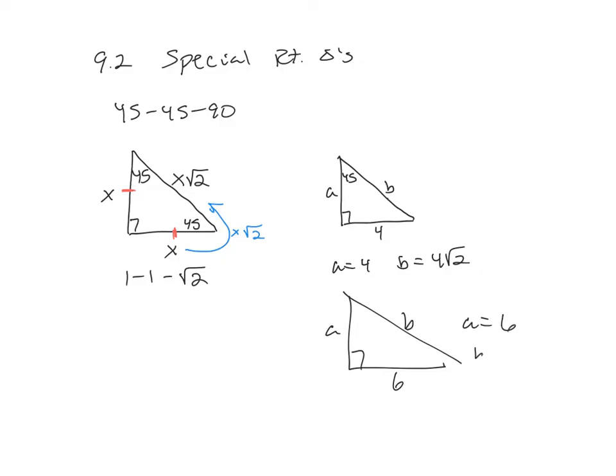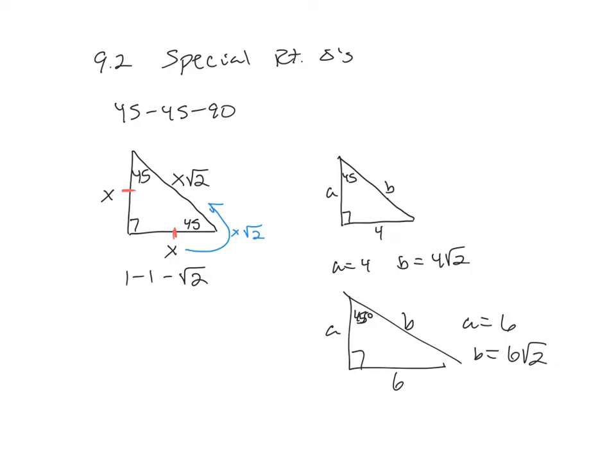A is 6, B is 6 square root of 2. Again, if it's 45. I know that triangle's a little bit more sloppy, but okay, so it's just times the square root of 2, or just stick that number in front of the square root of 2. Oh, it's a half square root of 2. It doesn't matter what it is. Okay, it won't be negative because it can't have negative length.